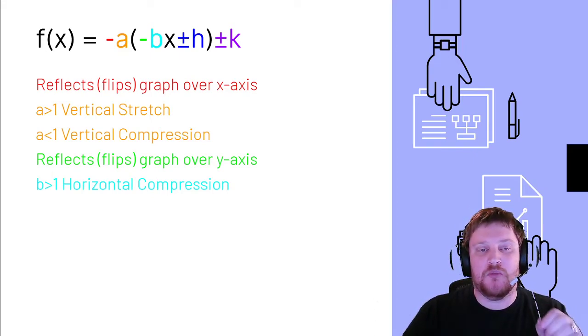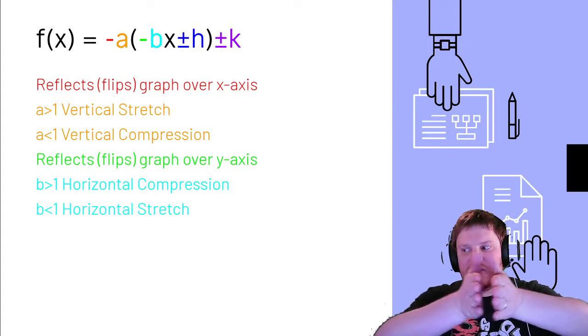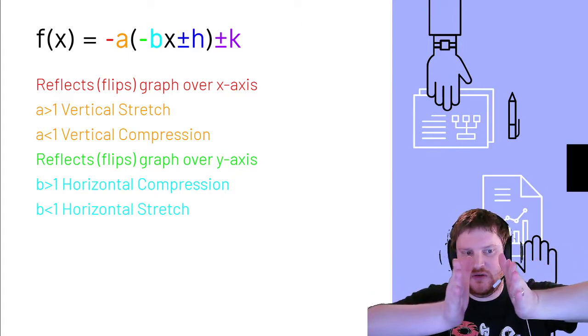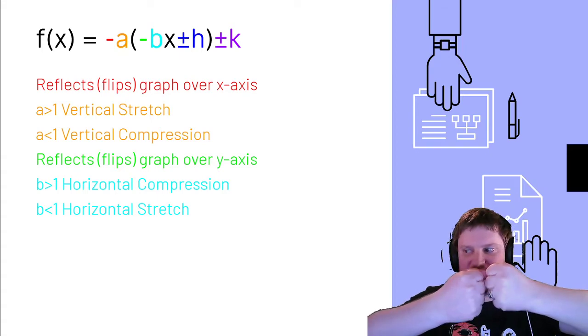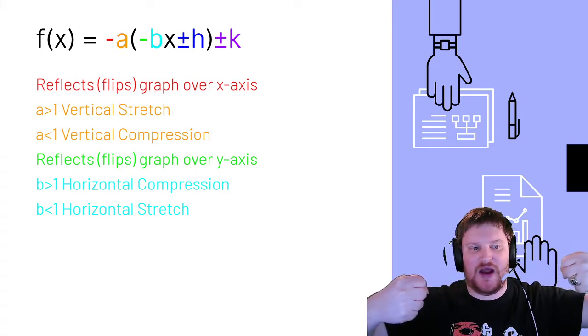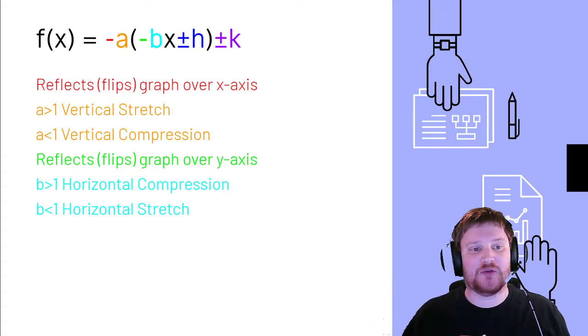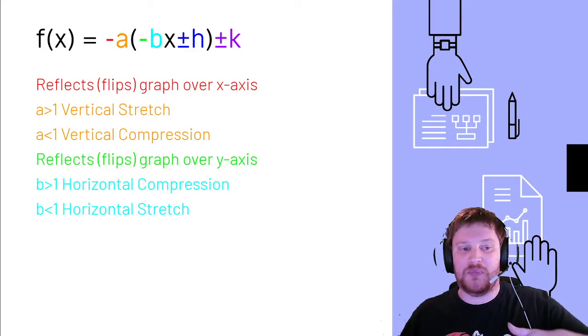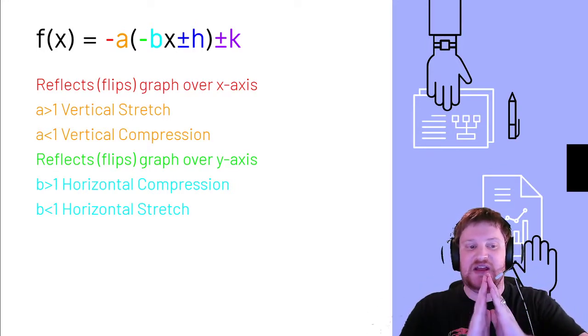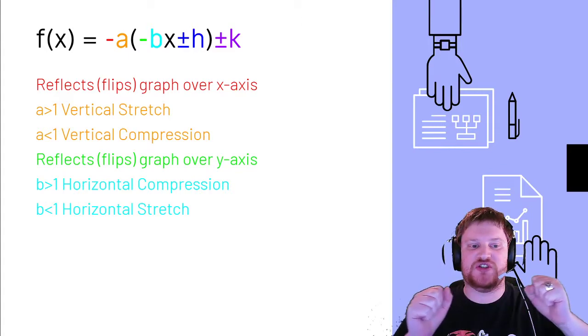A b, multiplication on the inside, is going to either horizontally compress or horizontally stretch that graph. But remember when I said it's backwards and stupid? Notice that a bigger b compresses it and a smaller b stretches it.